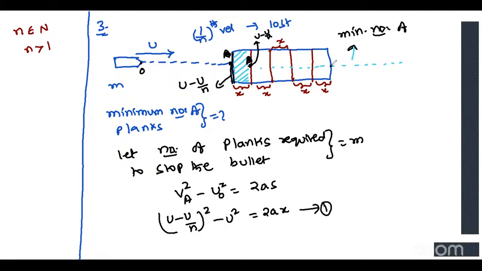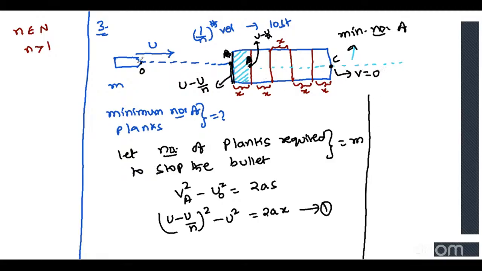Suppose let us consider at this point, point C, the bullet comes to rest. So I can say that velocity will be 0. Now, the bullet comes to rest after traveling m number of planks.